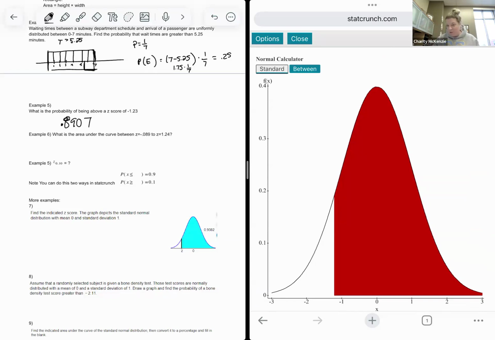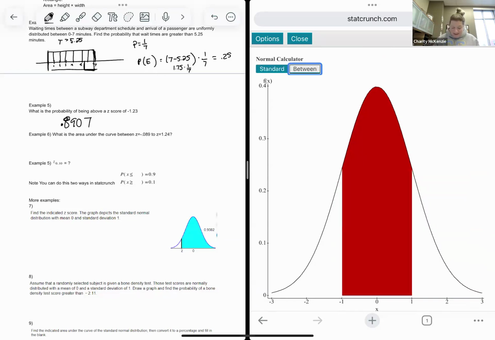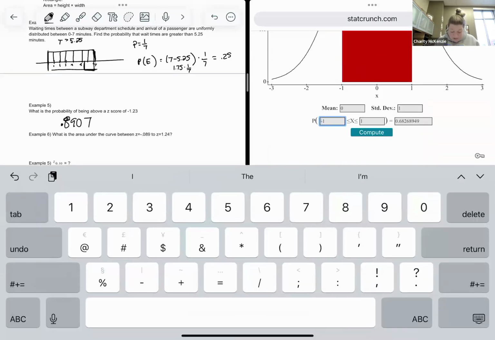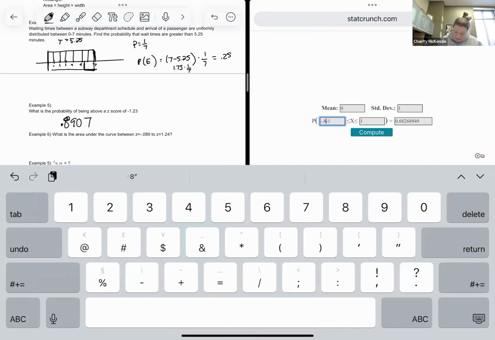But you need to go to the between section, right? And put in the 2 numbers that are given there. So this one says negative 0.0089. Oops, I have an extra number in there. I don't know if it's going to let me get that out of there. Yeah, there it goes.